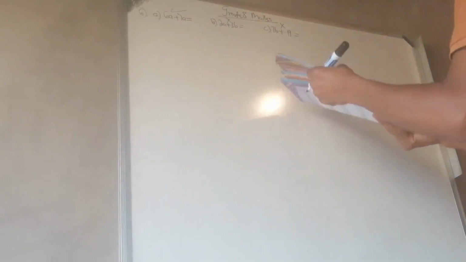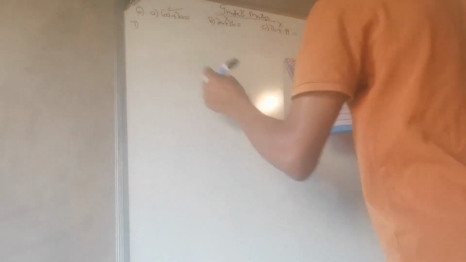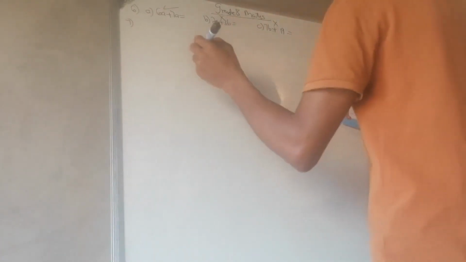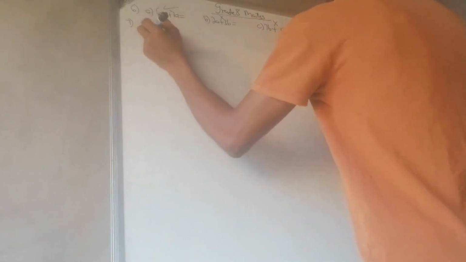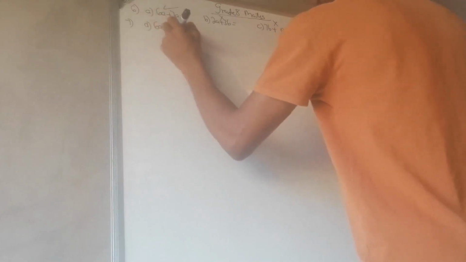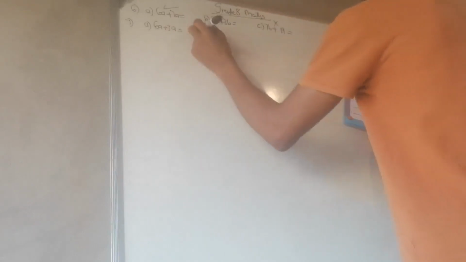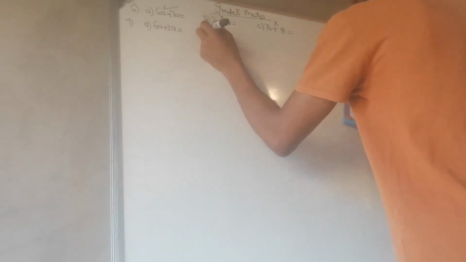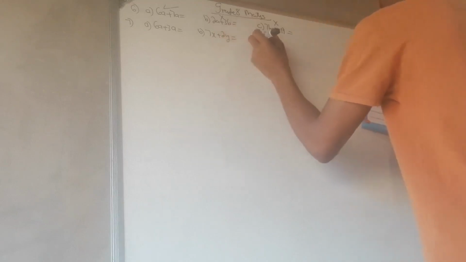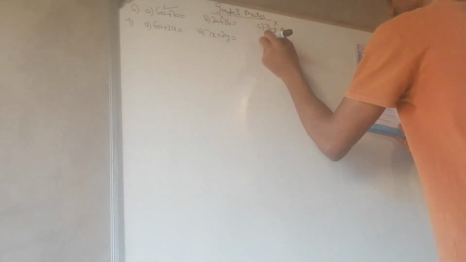Number 7: circle the equation with unlike terms. Number A, you have 6A plus 3A. Number B, you have 7x plus 2y. Number C, 7x plus 2x.